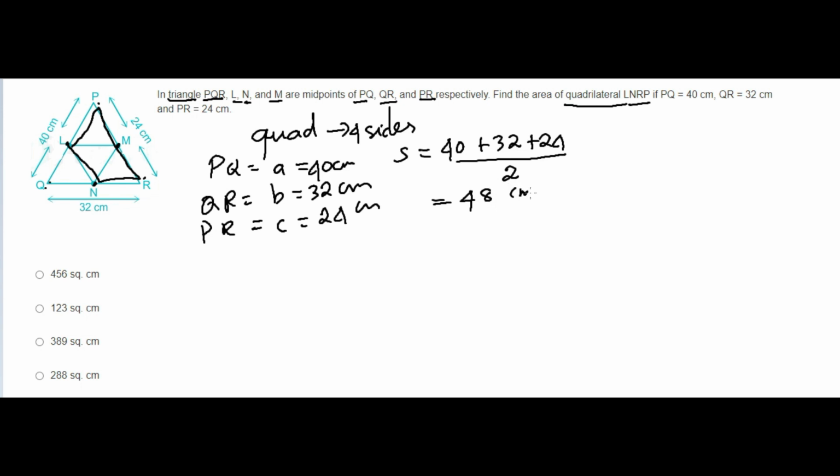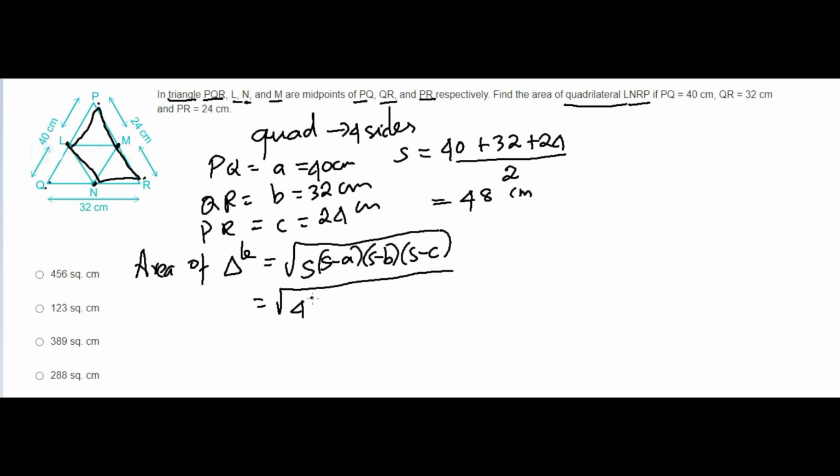Now the formula for the area of a triangle, in the shortcut form: area equals root of S into S minus A into S minus B into S minus C. Substituting all values: 48 into 48 minus 40, 48 minus 32, 48 minus 24, which gives the final answer of 384 square centimeter.